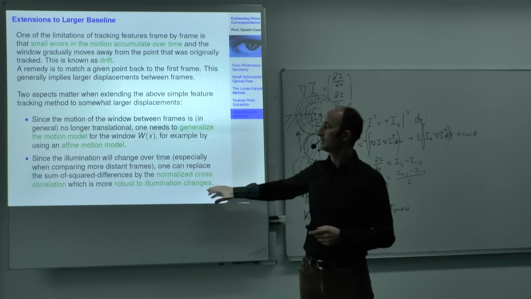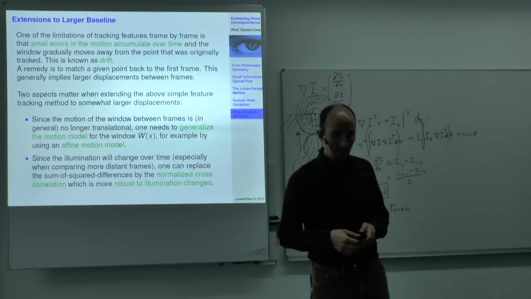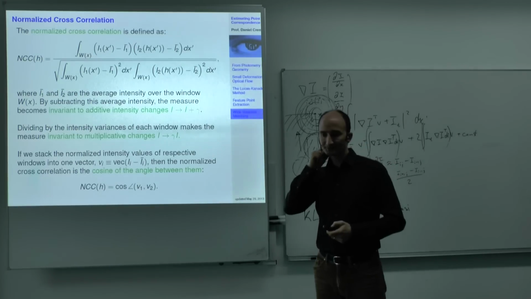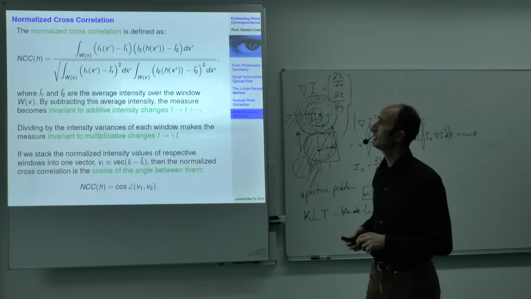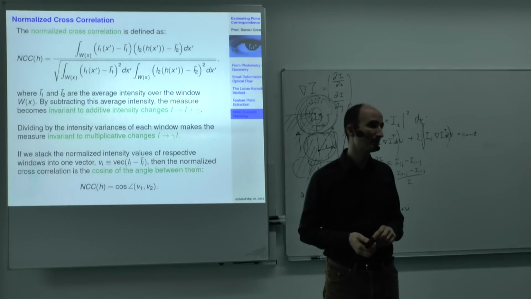What we can do is, I mentioned that there are ways to go beyond brightness constancy, and that is we can use what's called the normalized cross-correlation. Here's the formula. It looks a bit complicated, but it's actually very simple.